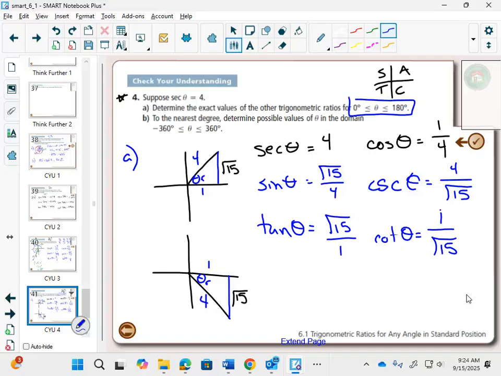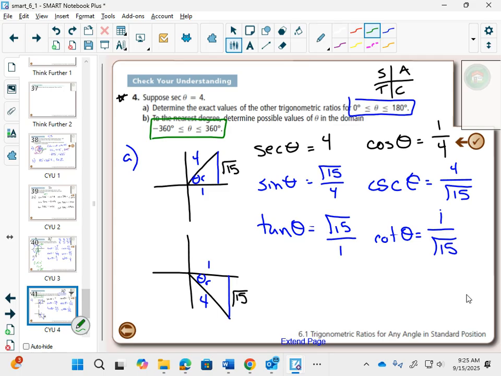So there's part A. We determined the exact values of the other trig ratios, and it said only between 0 and 180, so that meant we didn't have to look at the one in quadrant 4. But now we need to find, to the nearest degree, all the possible values of theta, and they're looking in this domain from negative 360 to 360.